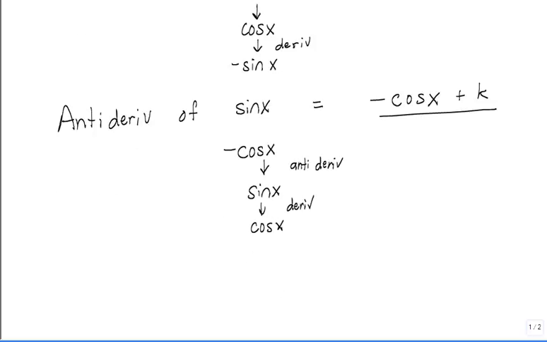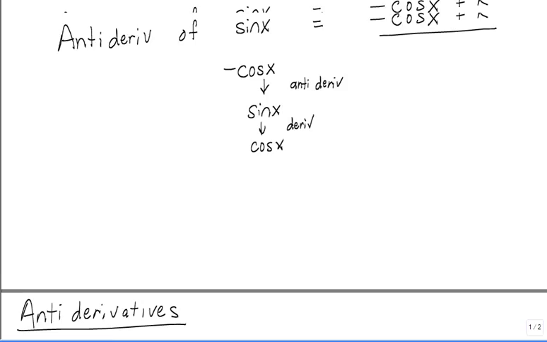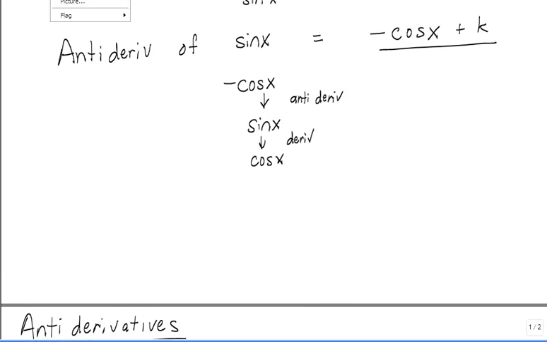Okay, so let's look at some examples. The antiderivative of x to the fifth. Well, I add 1 and divide by that exponent, plus a constant, or 1/6 x to the 6th plus k.